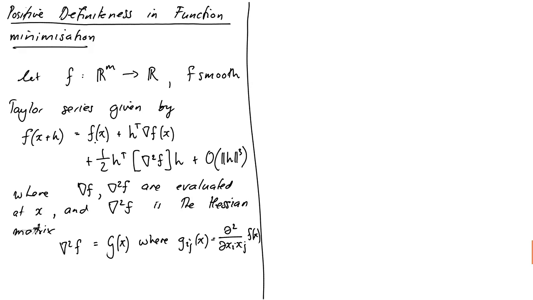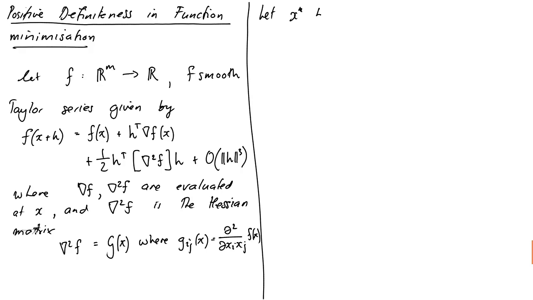So we've basically got a Taylor series for our function. We've got constant, linear, quadratic terms, and we're ignoring the higher order ones. Now let's say that we've gone through and we've found a stationary point.